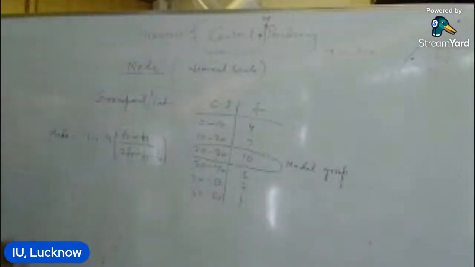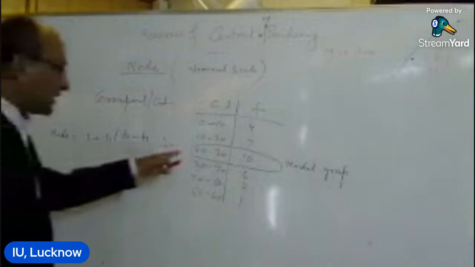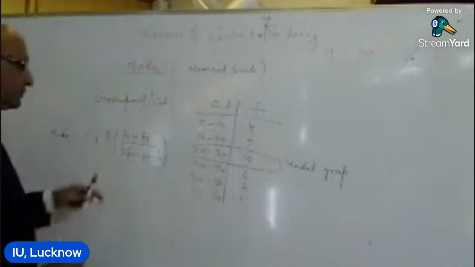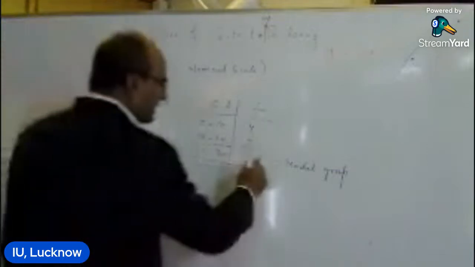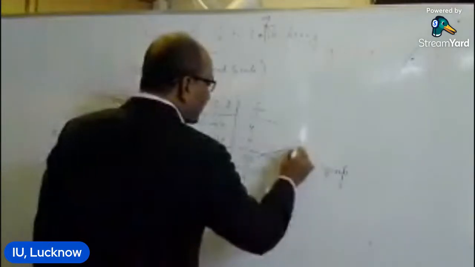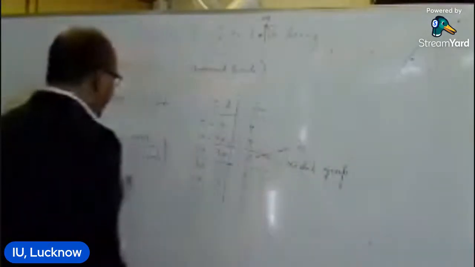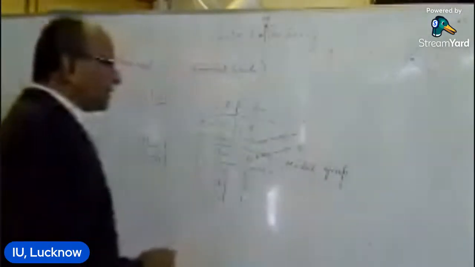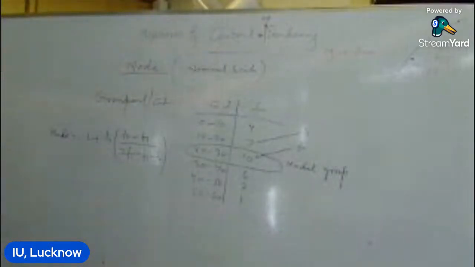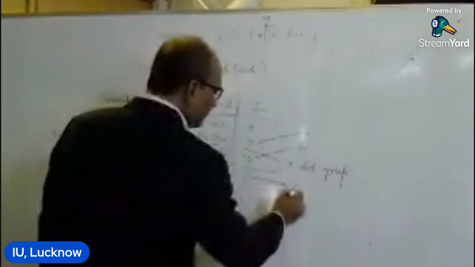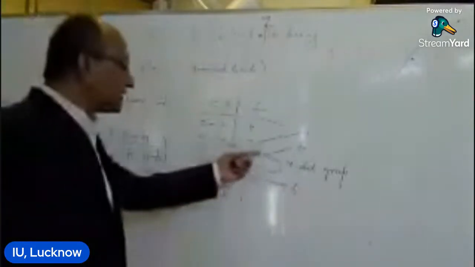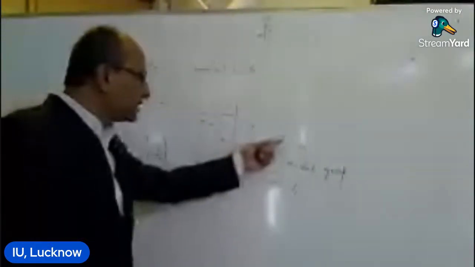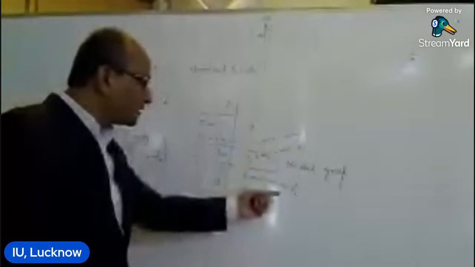Here L is the lower limit of the class interval of the modal class, h is the width of the class interval, and f0 is the class frequency of the modal class. f1 is the frequency of the preceding class, and f2 is the frequency of the succeeding class.